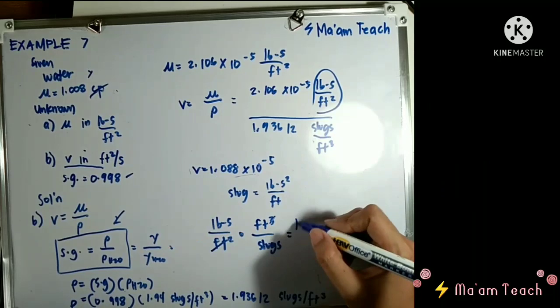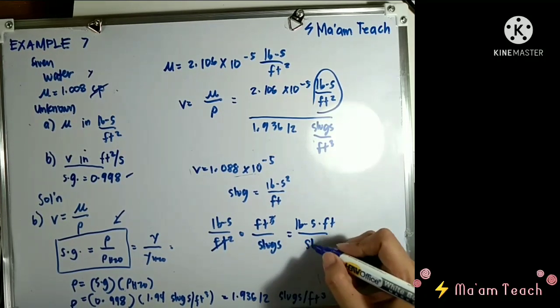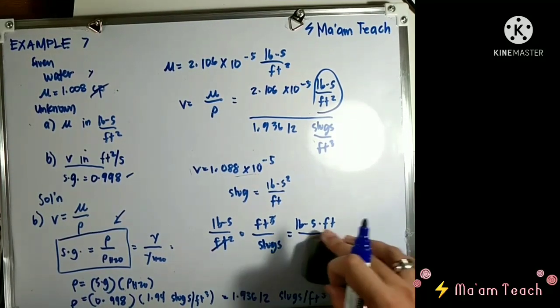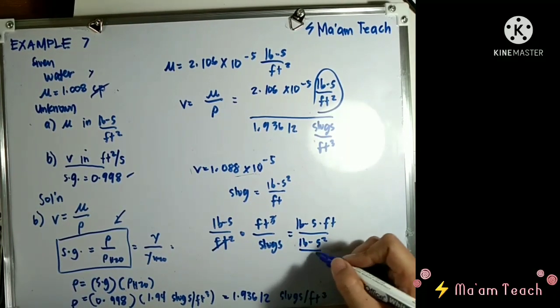So the unit will become pound second times foot over slugs. But your slug is equivalent to pound second squared over foot.